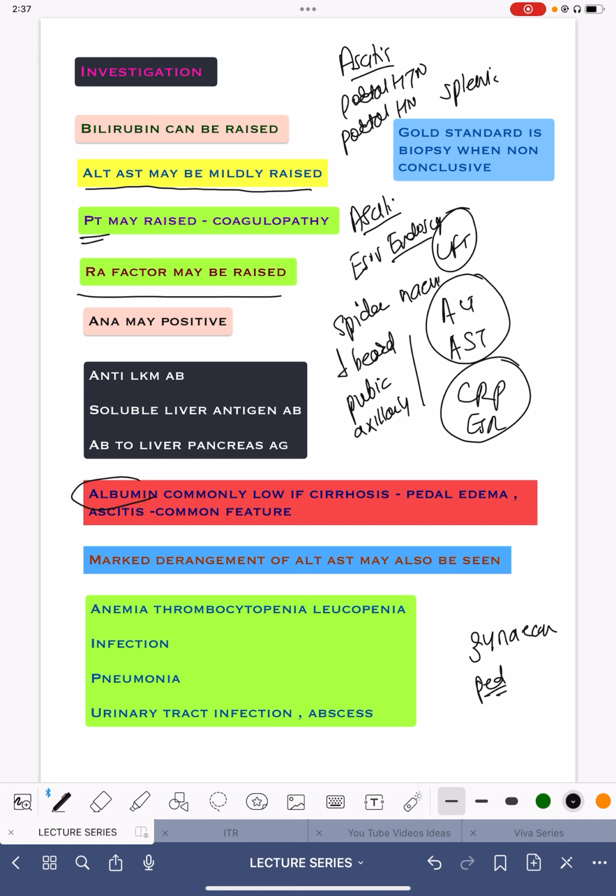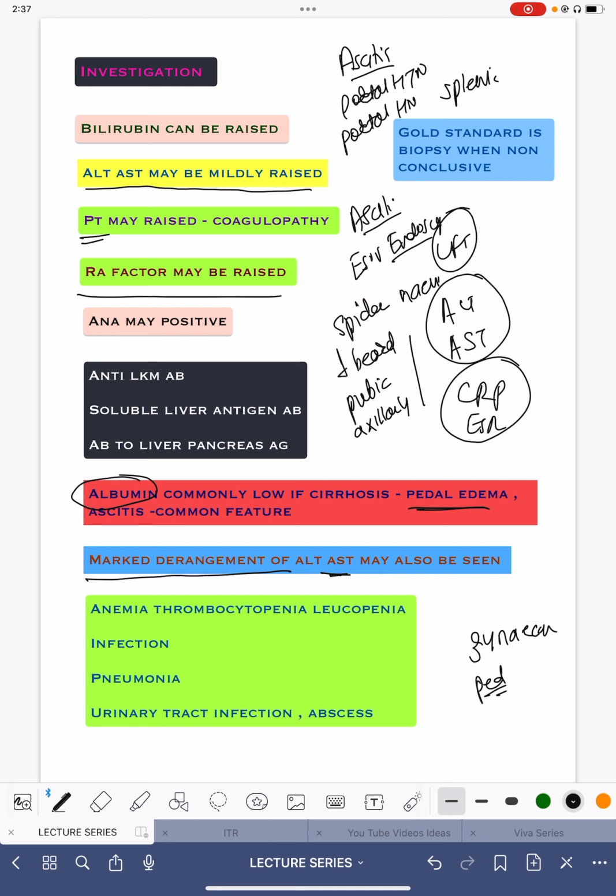In the same way, albumin is very commonly found low, which is associated with pedal edema, which responds very well to diuretics and albumin supplementation. As I said, some patients may show marked derangement of SGOT and SGPT, especially if the patient has hypotension, sepsis, or other comorbidities.